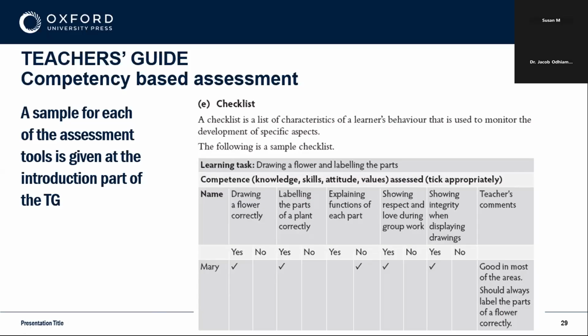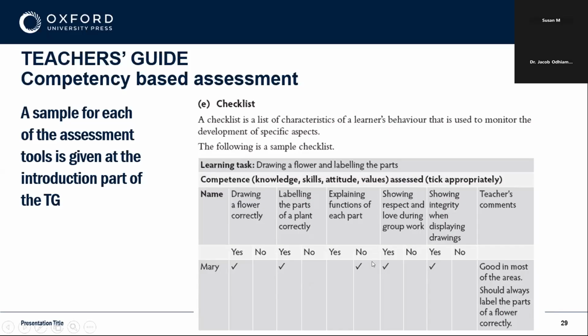This one is a sample of a checklist. We have samples for each of the tools. And then there's a column in the checklist for teachers' comments, not just checking yes or no. The teacher also gives a comment. For example, for Mary: Mary is good in most of the areas, but should always label the parts of a flower correctly.